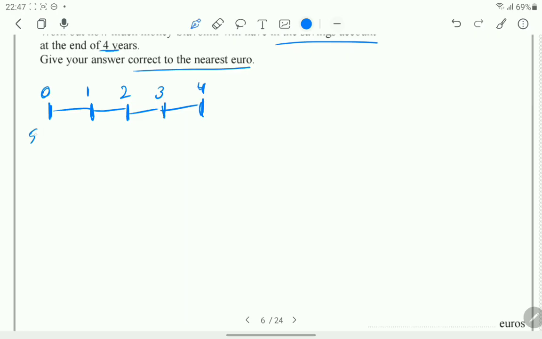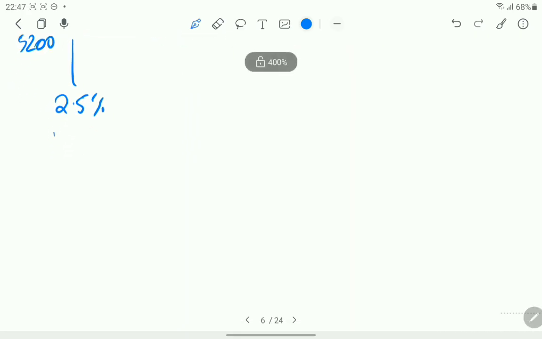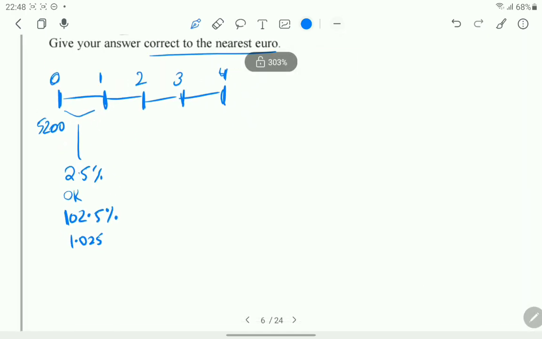So today he invests 5,200, and 1 year later he would get 2.5% interest compounded into his principal, or you could write it as 102.5% would be the amount that he would receive if he were to cash out his money at the end of first year, or we could just say his money would now be worth 1.025 times the original amount.